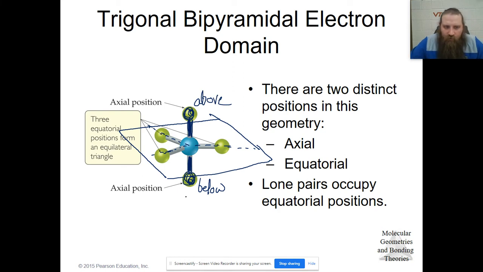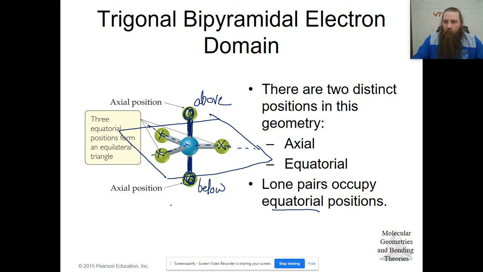All right, so hopefully you can kind of see that. We can talk about axial atoms and equatorial atoms here. If you have lone pairs in trigonal bipyramidal, they're always going to show up on the equatorial positions. So these guys with the X's, that's where we would see our lone pairs. They won't be on the axial positions, okay?